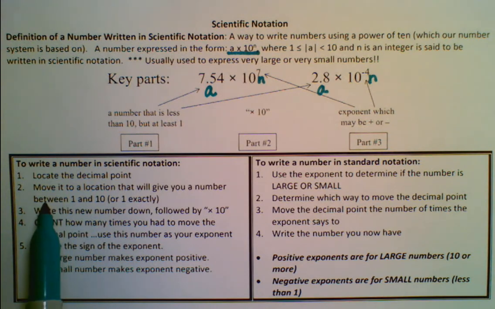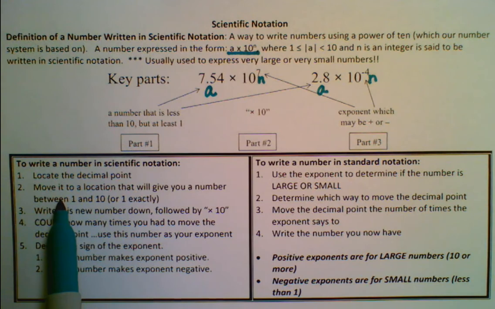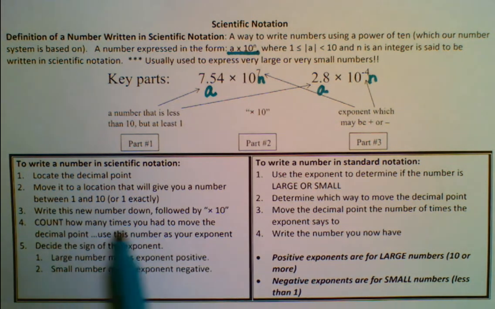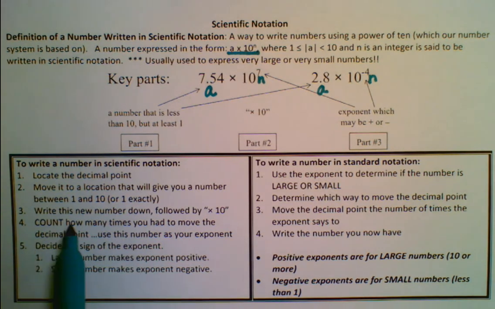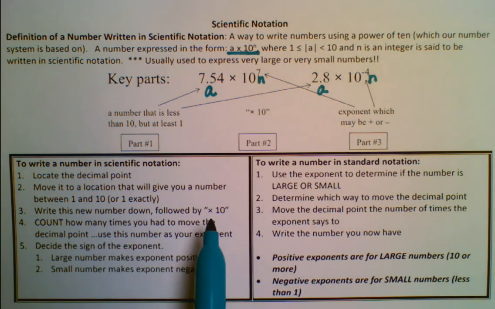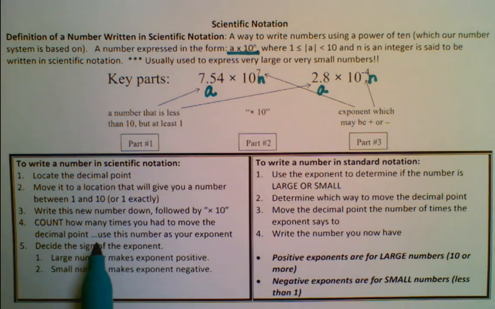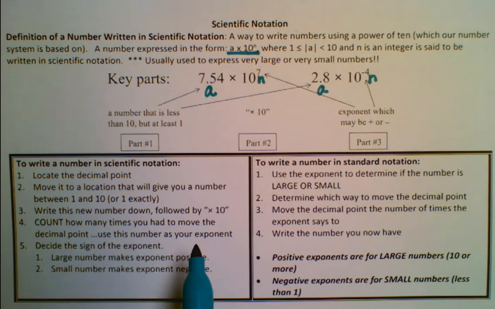To write a number in scientific notation, locate the decimal point. Then move the decimal point to a location that will give you a number between 1 and 10, or exactly 1. Write this new number down, followed by the times 10. Count how many times you had to move the decimal point. Use this number as your exponent.